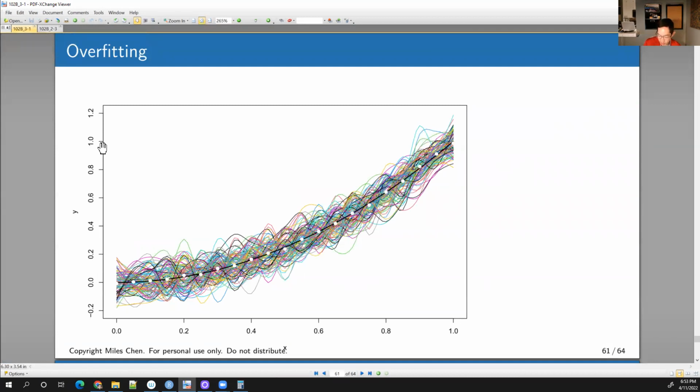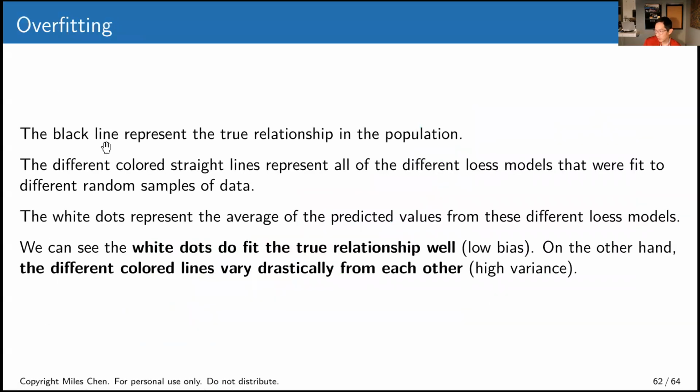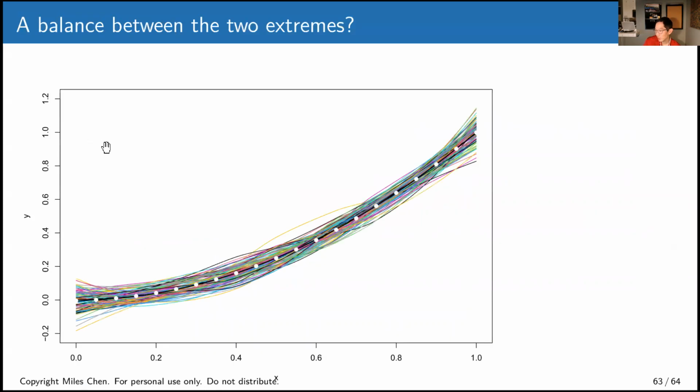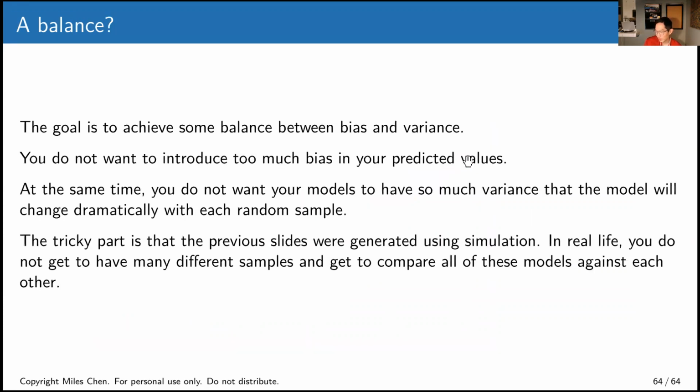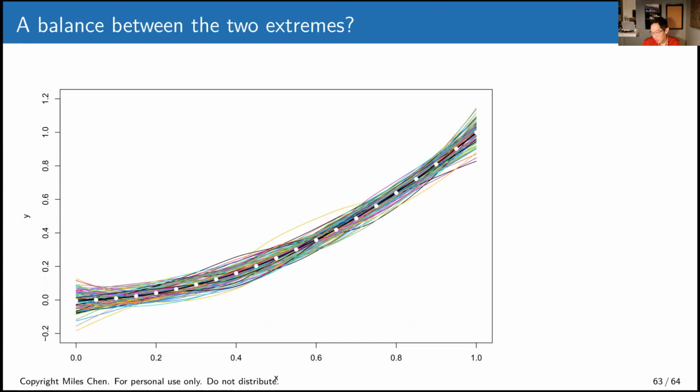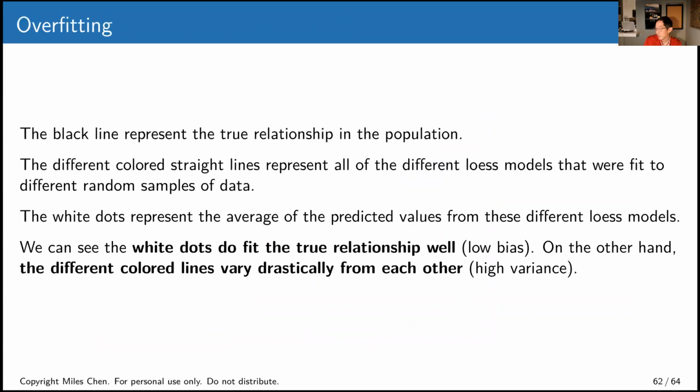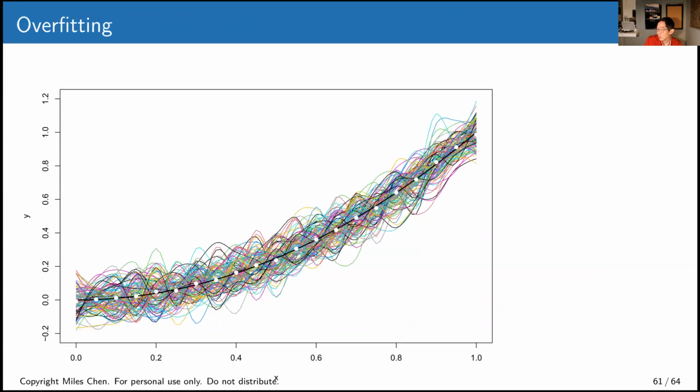So maybe that's not that desirable, and you want something in between, where you can adjust some parameters. Not too much bias and not too much variance, and that's the goal. I have a paragraph of text explaining this, but the idea is that we want something in between, where we don't have a ton of variance from one model to another just because of random noise.